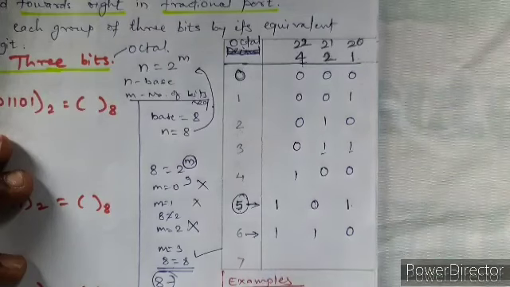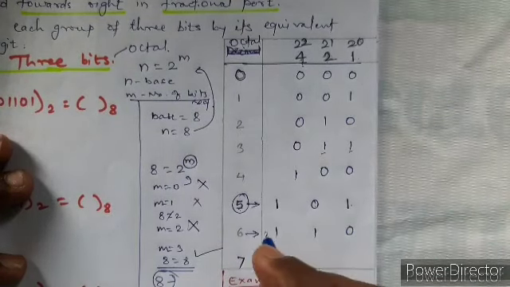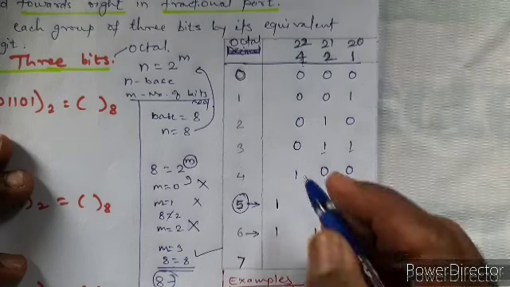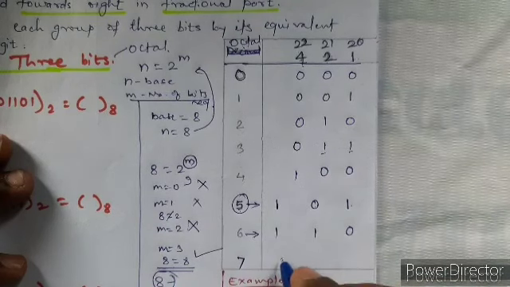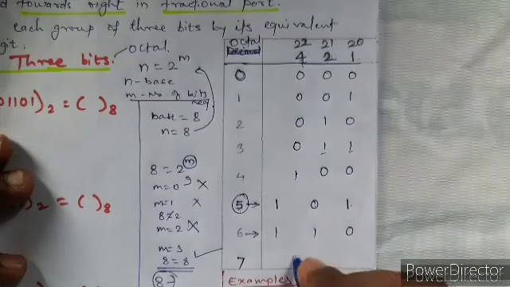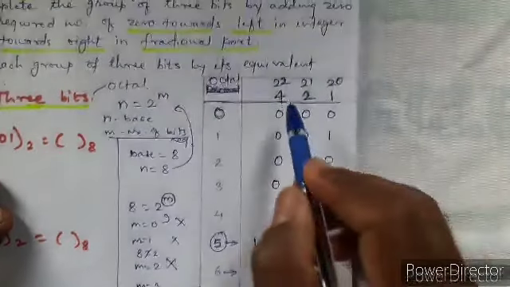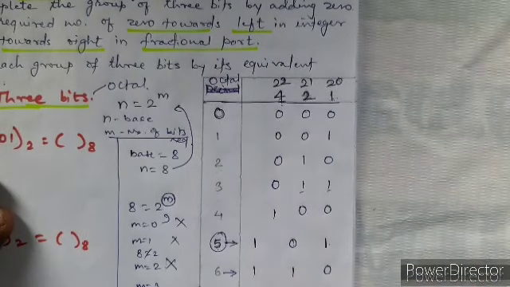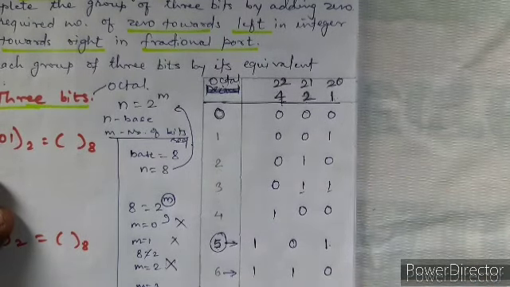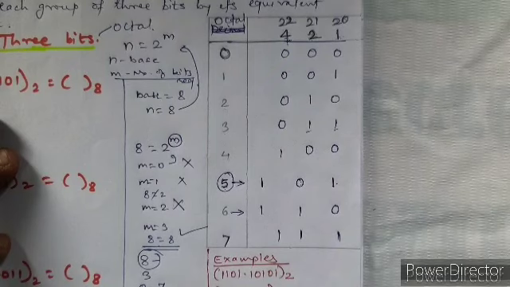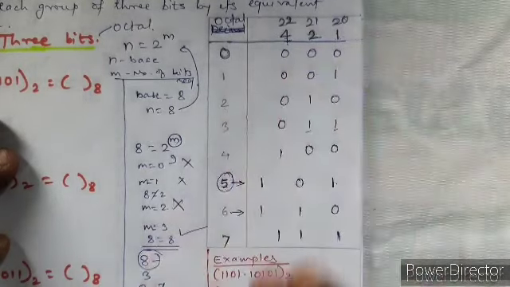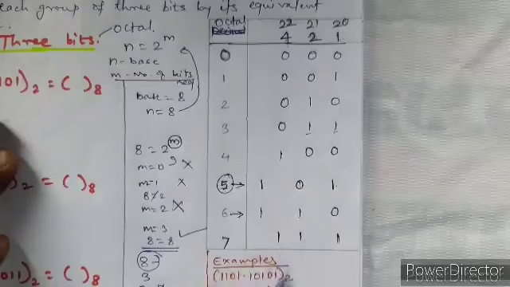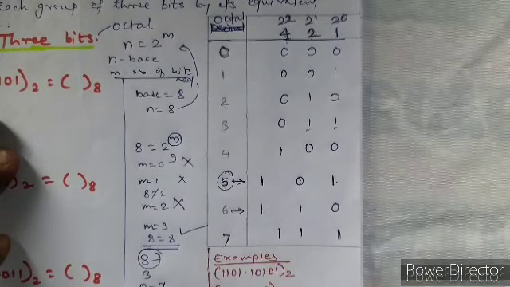How is 7 formed? Now a very interesting point: the last digit of this octal number is all 1 1 1, because 4 plus 2 is 6, plus 1 is 7. All 3 bits I have taken, so I have marked 1 1 1. Okay, so this is how octal numbers can be represented in binary form or vice versa.